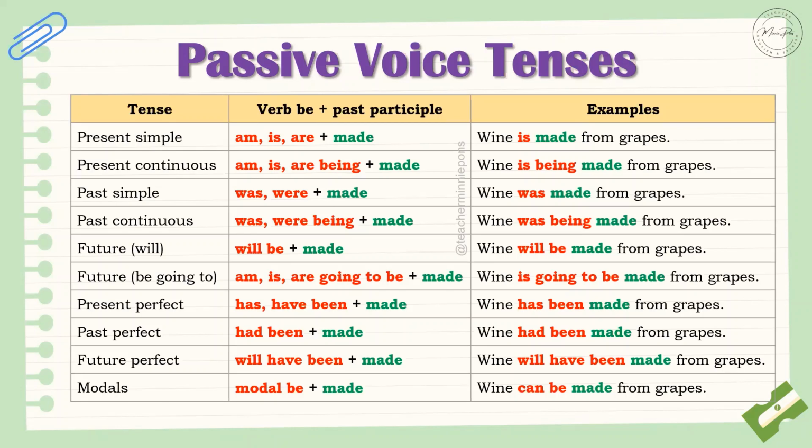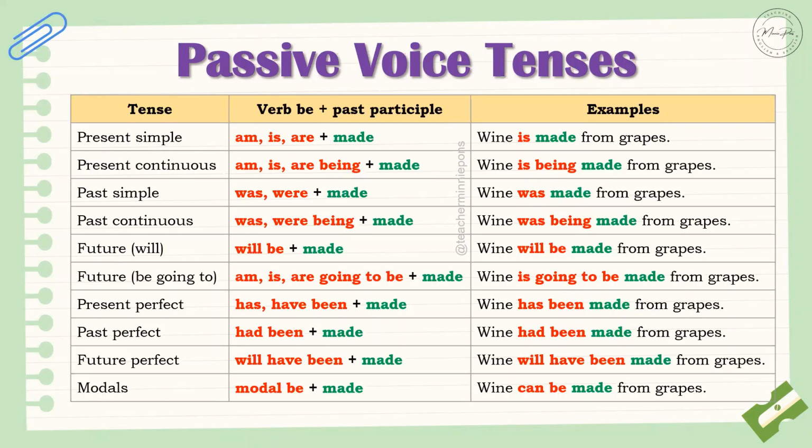In past simple, wine was made from grapes. In past continuous, wine was being made from grapes. In future with will, wine will be made from grapes. In future with be going to, wine is going to be made from grapes.